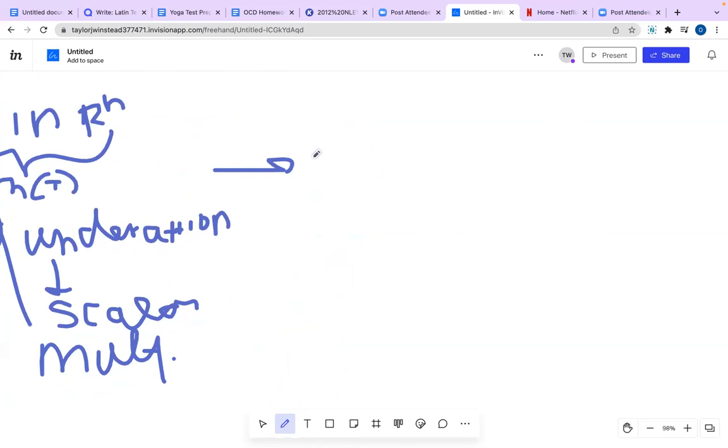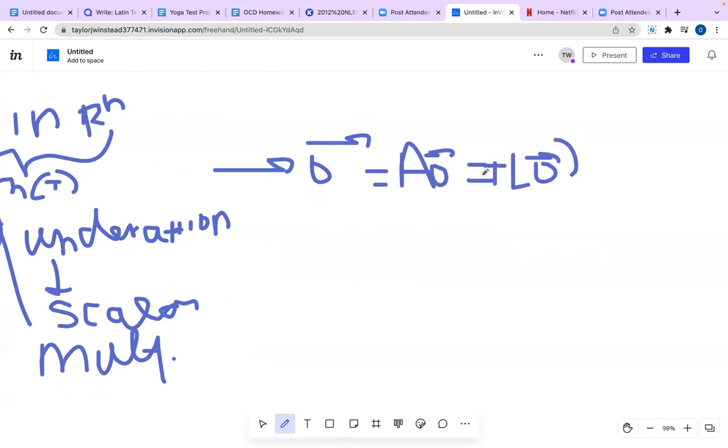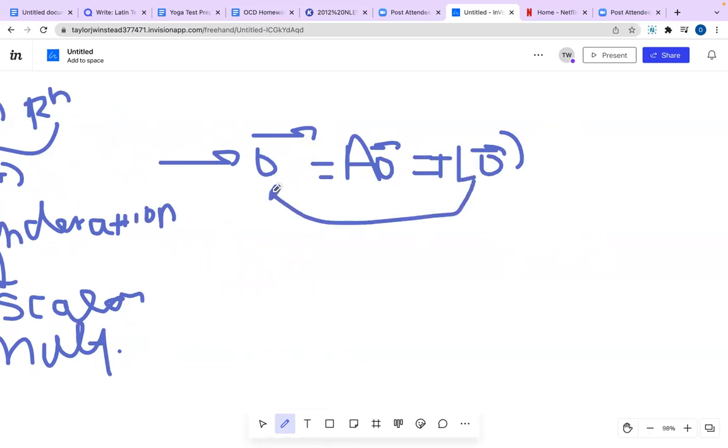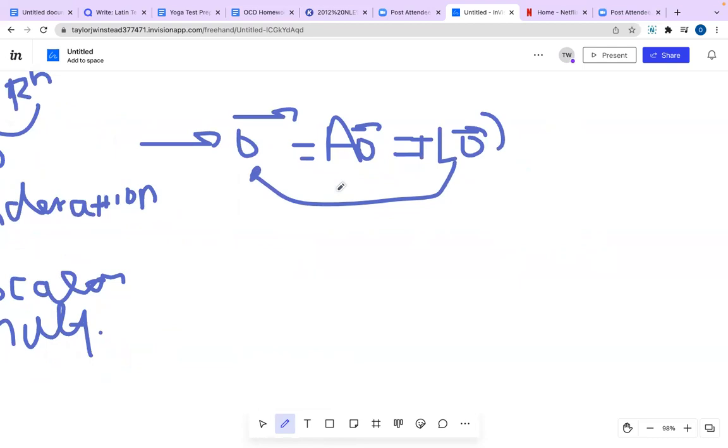So for the first one, the vector 0 equals A times 0, right? Because A times 0 equals 0, which can also be written as T of 0, right? So if T of 0 equals 0, then that means it's got to be in the image because, and I believe I'm going to have to check with Dr. Prudhomme on this, but for these next couple of proofs, I believe what they're saying is that if we can prove that a value can be put as an input of T and lead to a certain output, then that means that output is in the image, right?